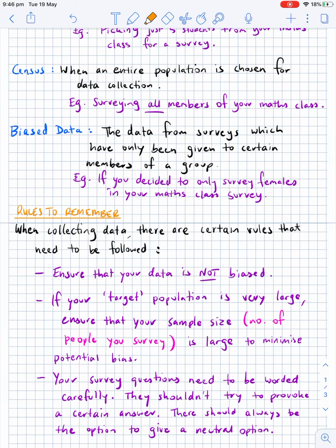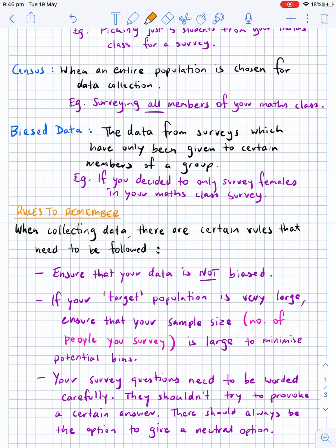Next word to understand is what biased data means. Biased data is the data from surveys which have only been given to certain members of a group. For example, if you decided to only survey females in your maths class survey.